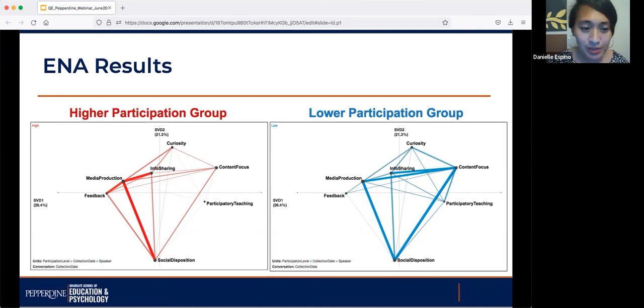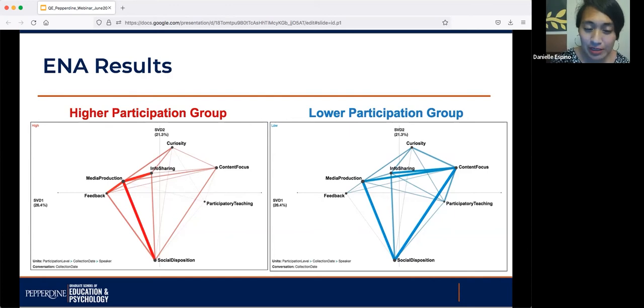On the left, the space is defined with feedback, and content focus on the right. Then top and bottom: at the top, we have curiosity and social disposition at the bottom. The next thing we look at is the line thickness. The line thickness tells us that there's a stronger relationship between those constructs.